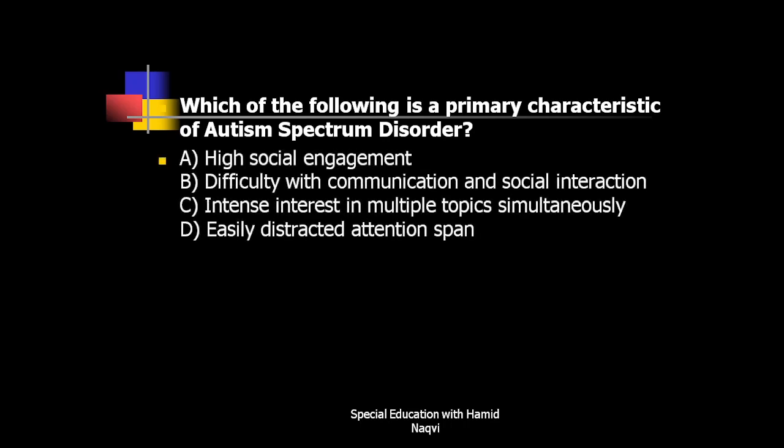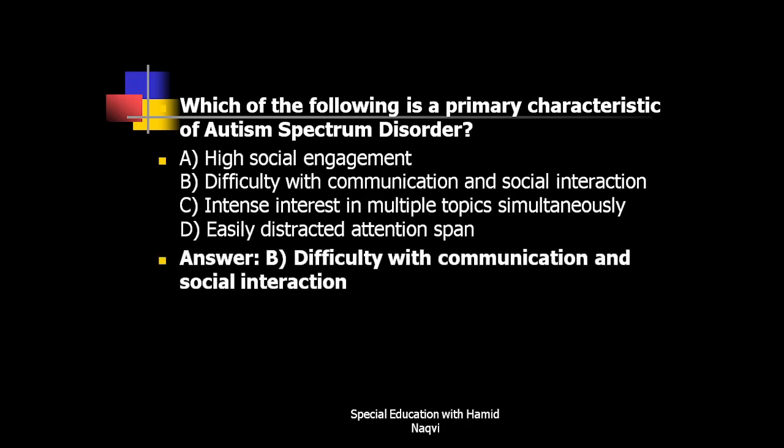Which of the following is a primary characteristic of autism spectrum disorder? High social engagement, difficulty with communication and social interaction, intense interest in multiple topics simultaneously, or easily distracted attention span.